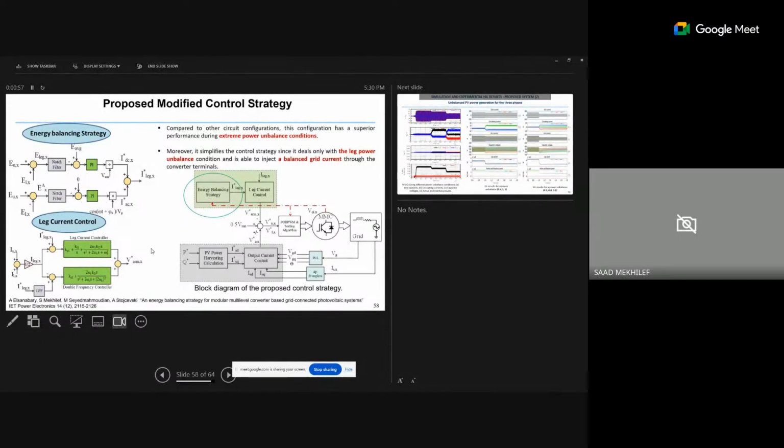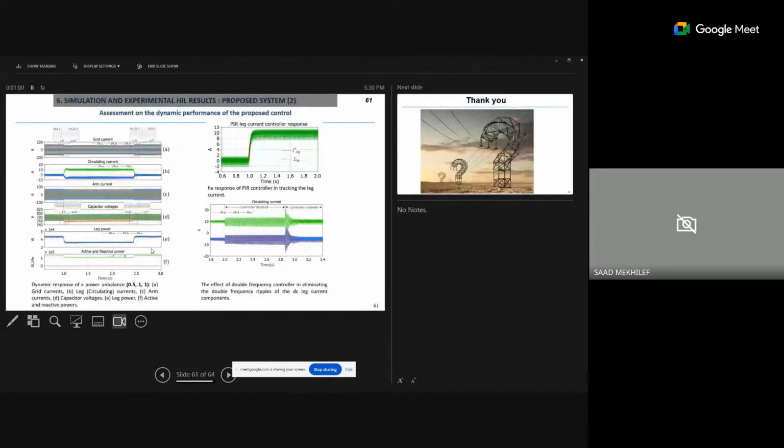And then we test the system's dynamics and performance. You see the circulating current you mentioned just now. You see the arm circulating current, we maintain at 0. So when there is a circulating current in the arm, we maintain it at 0.